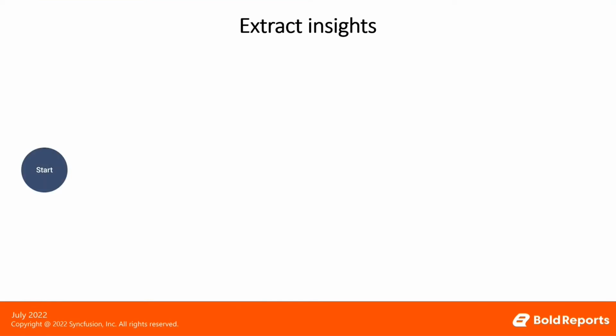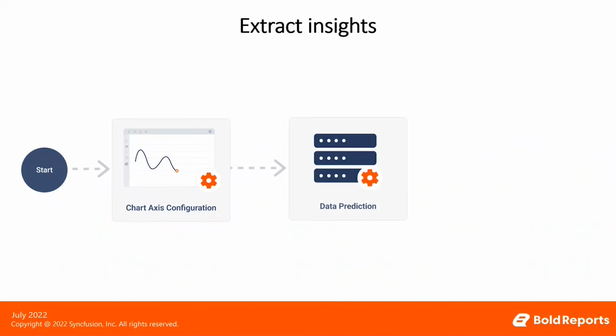Our Bold Reports goes through a life cycle to predict and forecast the data. You will configure numeric data columns to the X and Y axis of the chart report item in the design surface. The data is retrieved from the data source and sent to our Syncfusion data integration platform predictive analytics engine.